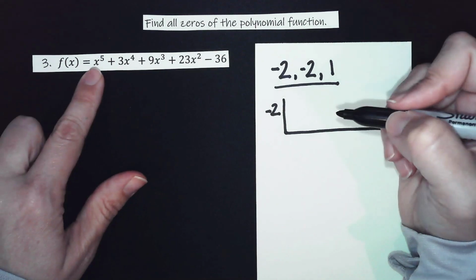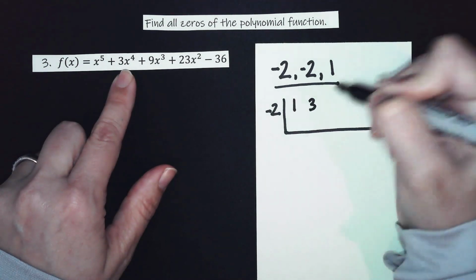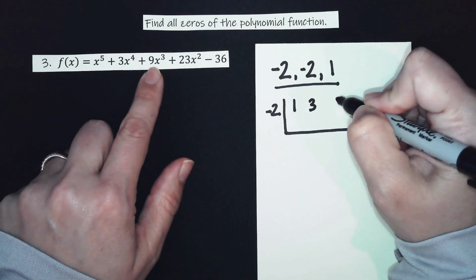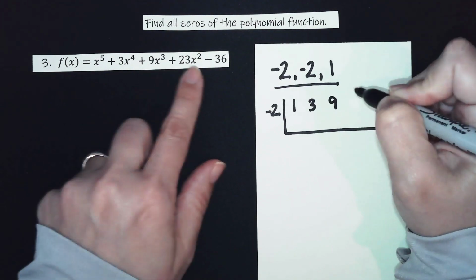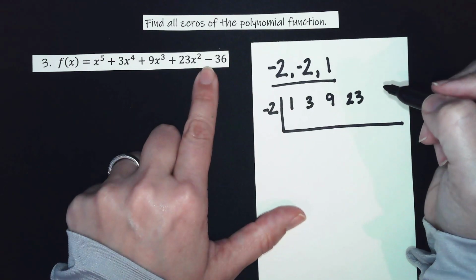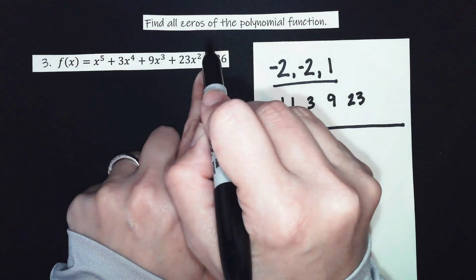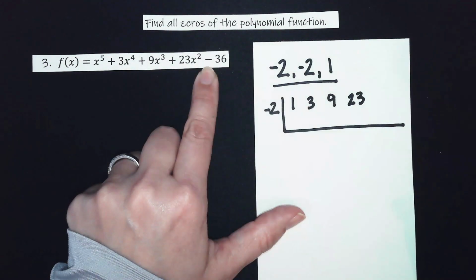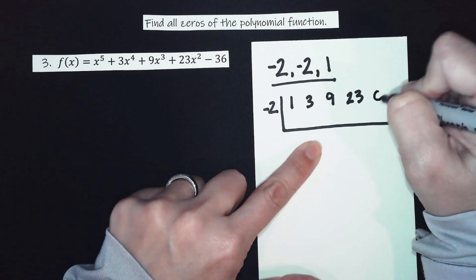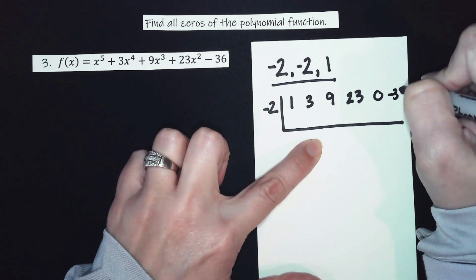The coefficient of x to the 5th is 1, of x to the 4th is 3, of x to the 3rd is 9, x squared is 23. Then we should have x to the first power. Remember, you have to include all powers. 5, 4, 3, 2, 1 isn't here, and then 0. Since the 1 is not there, it's going to be a 0, and then -36.